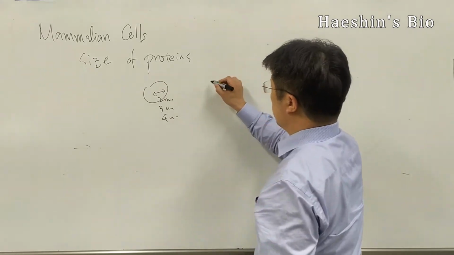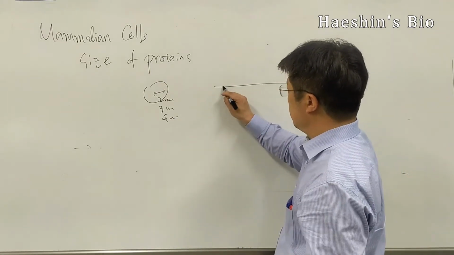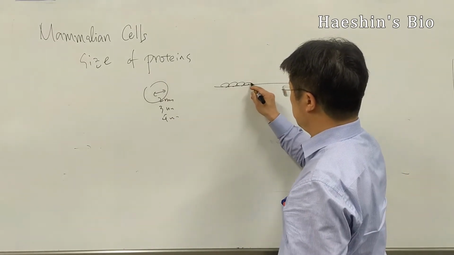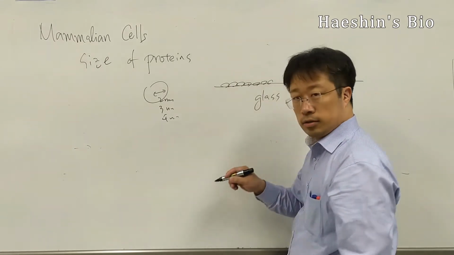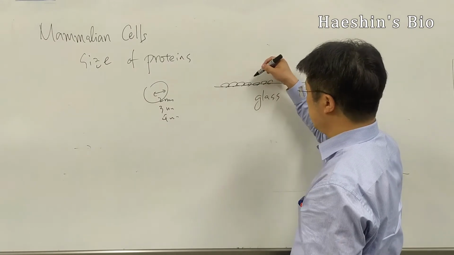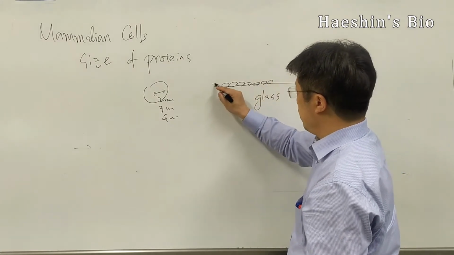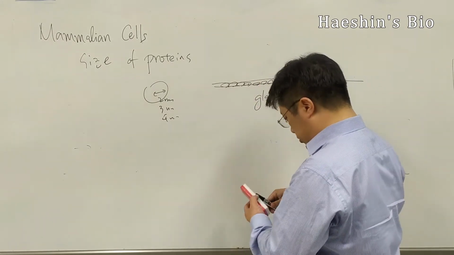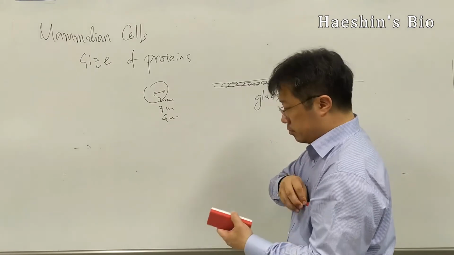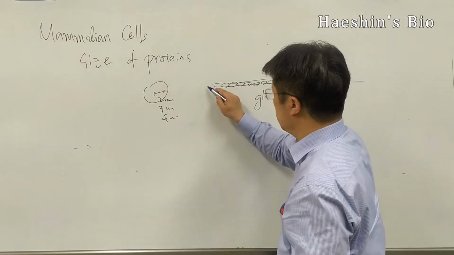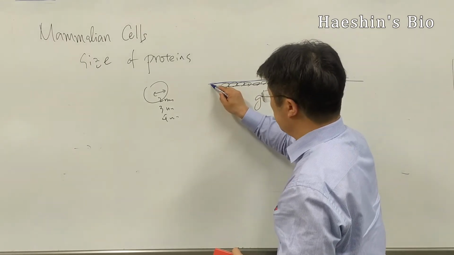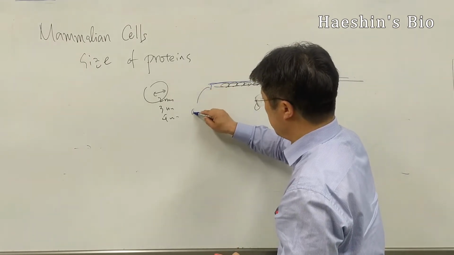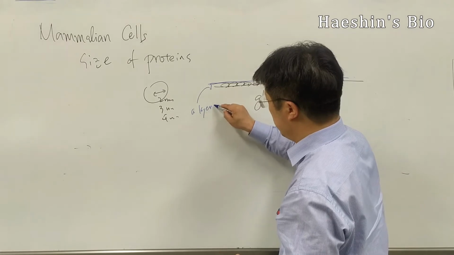So now think about it. Your surface is here. Say you have a glass, and then this is a layer of protein, from here to here.